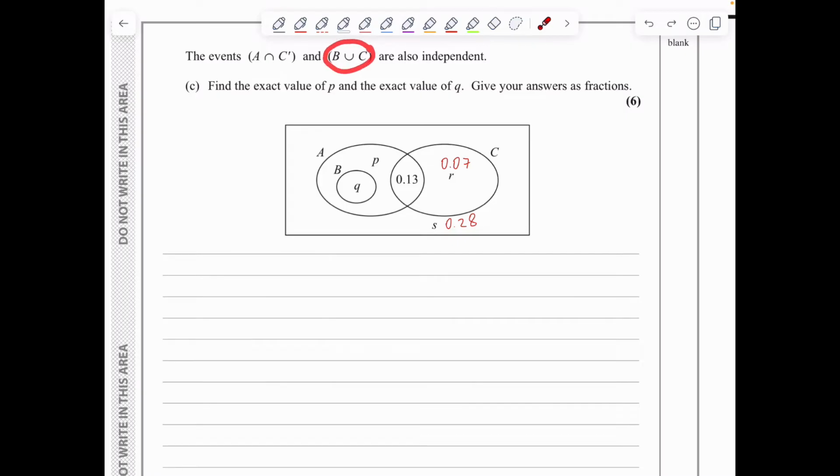Now B union C means B or C or both, so this is what I've shaded here in blue, and A intersection C dash means I'm in A but not in C, which is what I've shaded here in yellow. Now I could start by adding everything up, so we've got that P plus Q plus 0.13 plus 0.07 plus 0.28 is equal to 1.